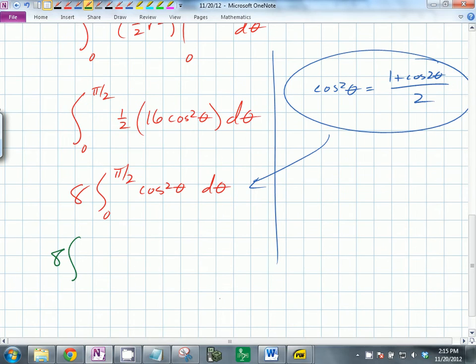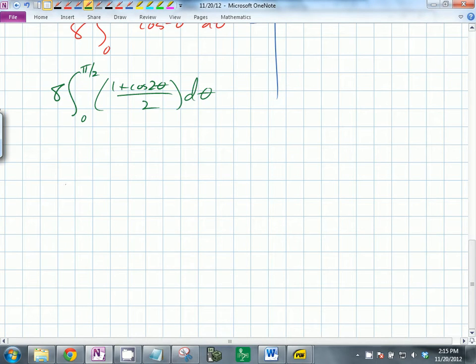Okay, so nice. So we're just going from 0 to pi over 2 of this, 1 plus cosine 2 theta all over. Yes, we're going to separate that. So you end up with 8 times the integral from 0 to pi over 2 of 1/2 d theta plus 4 times the integral from 0 to pi over 2 of cosine 2 theta d theta.